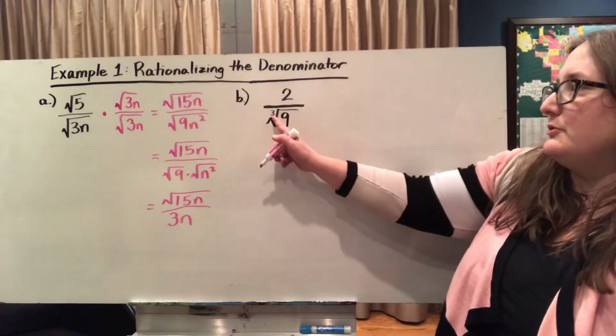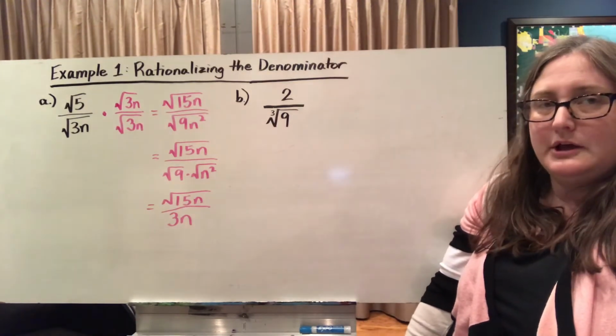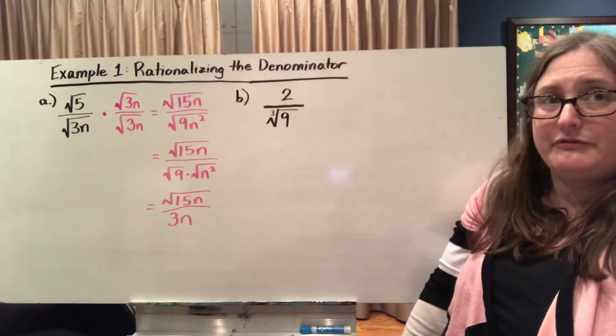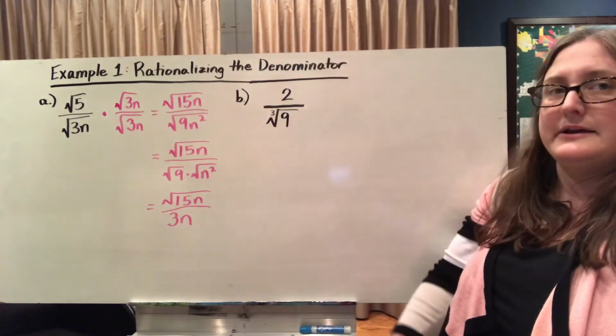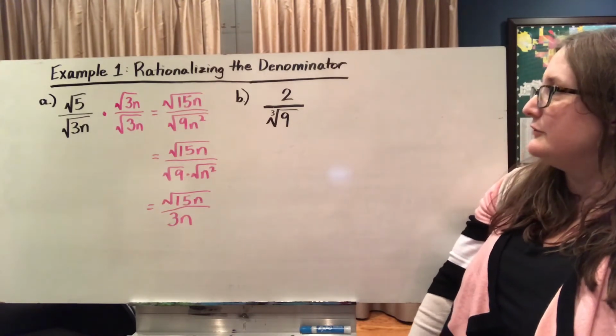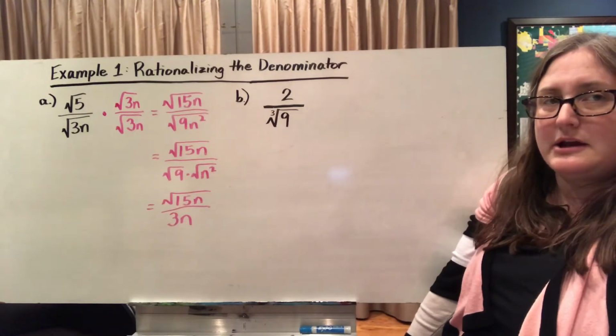Here we have a cube root. It's the cube root of 9. Now 9 is not a perfect cube. So I'm trying to think of something that is a perfect cube. Well, 8's a perfect cube, but we're already at 9. The next perfect cube is 3 times 3 times 3, or 27. So I want to get rid of this cube root by finding a perfect cube.